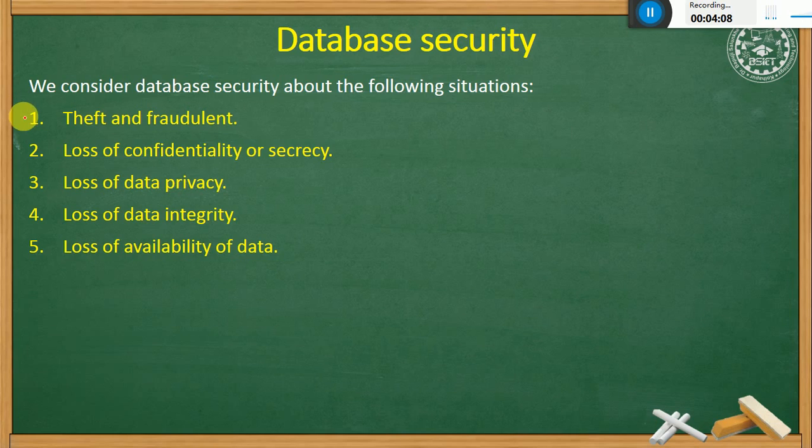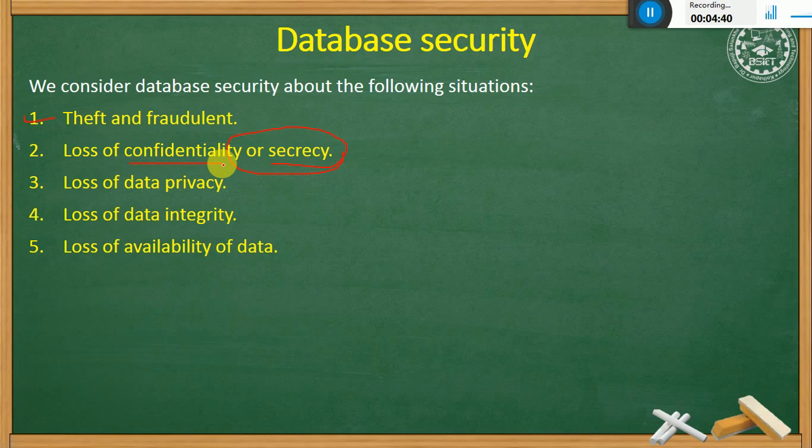So this is the first reason that data is required to be secure. Then loss of confidentiality: sensitive or important data can be accessed by an unauthorized user and you can lose confidentiality. For example, a user has a username and password.